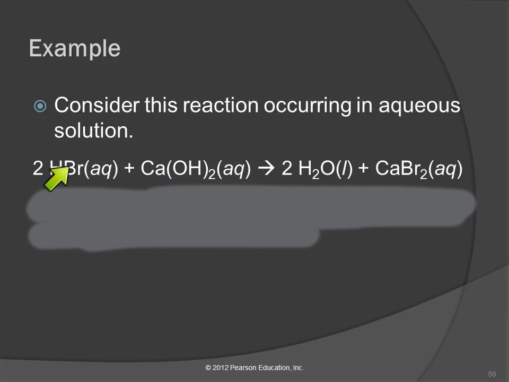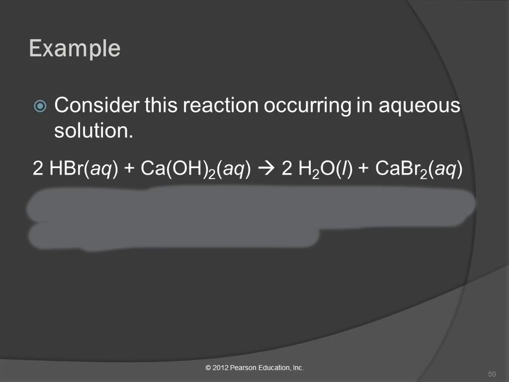So HBr, we have to be able to take this apart into ions. Usually for the complete ionic equation, I leave the state symbols off because it gets really long and it doesn't fit very well. So HBr is H plus and Br minus.